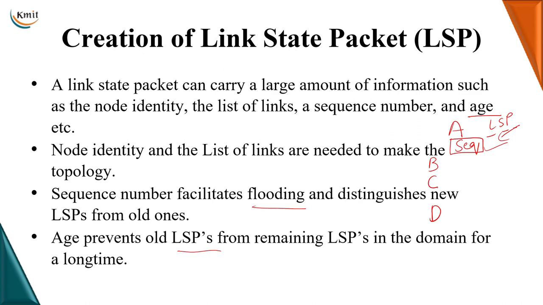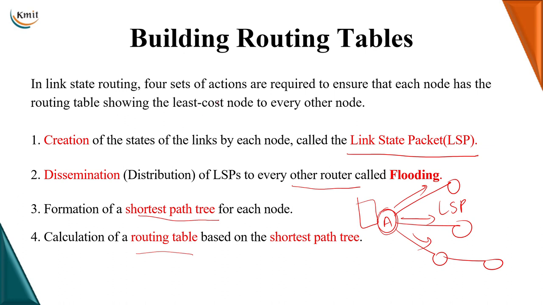We will make use of link state packets where we will do creation of LSPs, where LSPs will be disseminated, distributed. Those LSPs will consist of information about the links in the network, whether they are available or not.